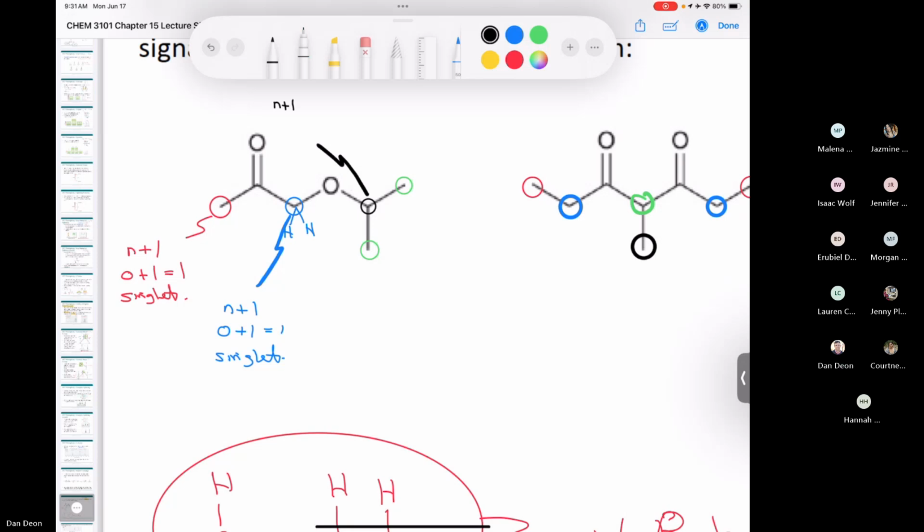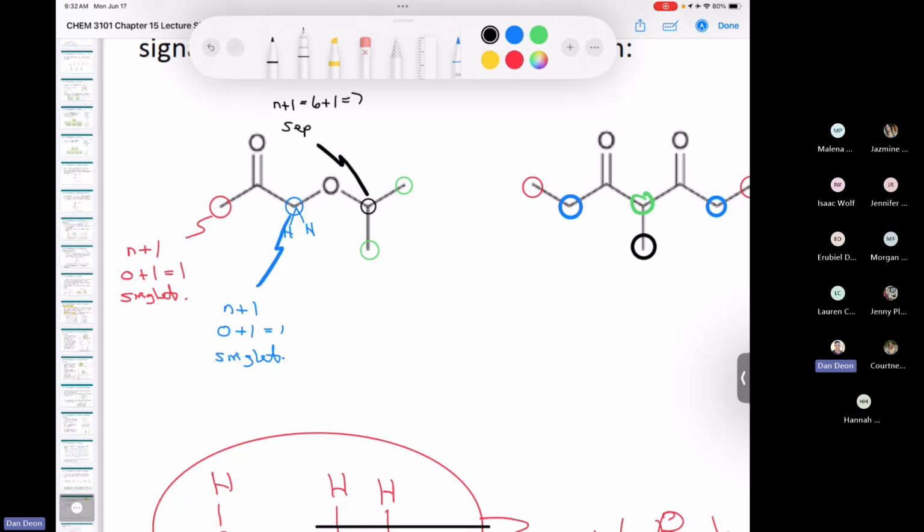Anybody? How many neighbors? Well, this one has a total of 1, 2, 3, 4, 5, 6 neighbors, right? There's free rotation around this bond, and so those 2 methyl groups, all 6 of those protons, are chemically equivalent. So we have n plus 1, which is going to be equal to 6 plus 1, which gives us 7.